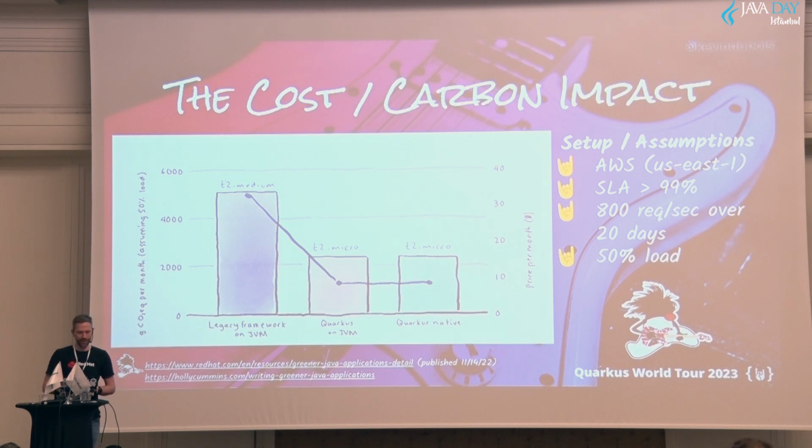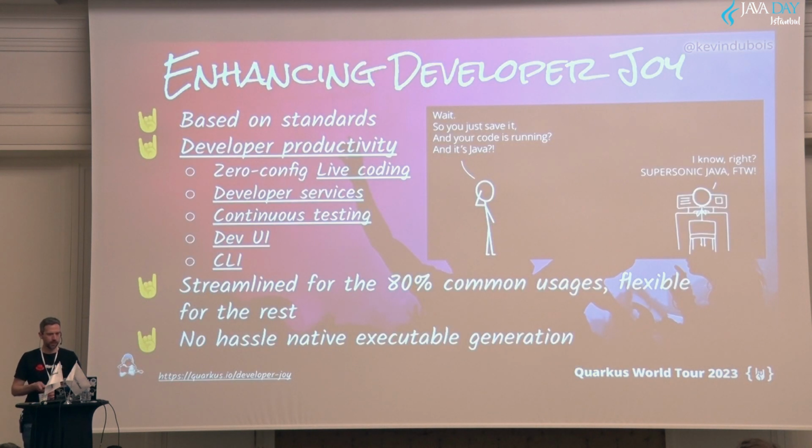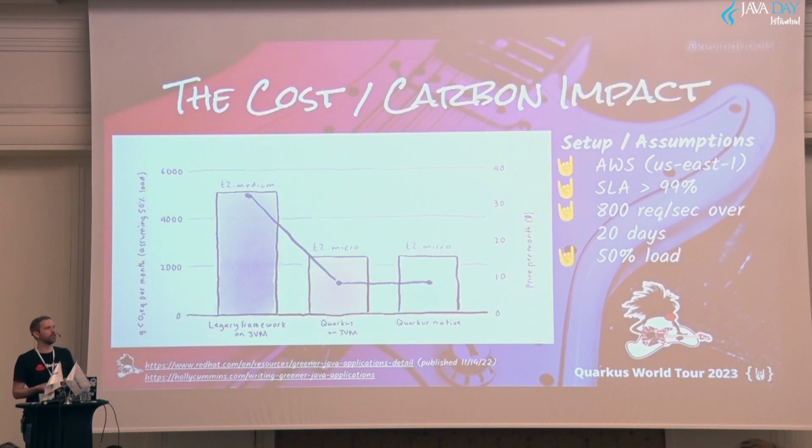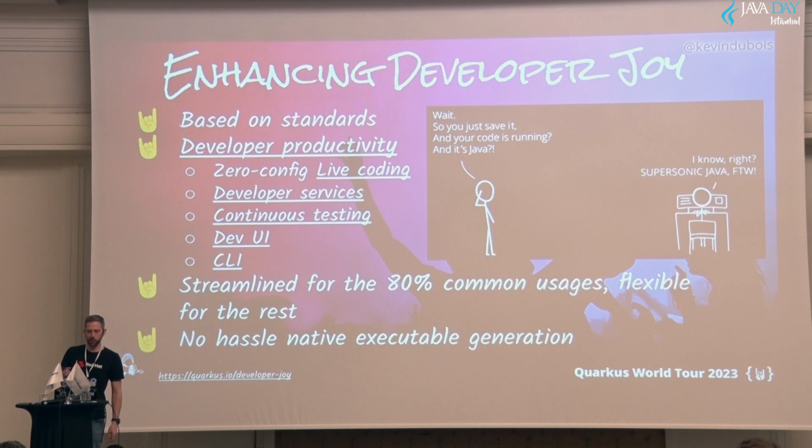My colleague Holly Cummins has written some articles about that, and if you're interested, it's pretty small here, but I'll share the slides, and then you can look at those links. So that's in terms of the optimization and running Java fast with a small footprint. But my favorite part about Quarkus is actually the developer joy and the developer experience.